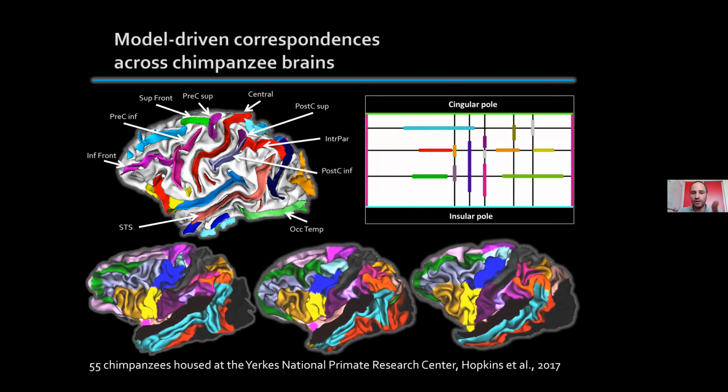And then we align the brain and we define a parcellation and we visualize here the correspondence across brains. I point out here that the number of parcels is different because the number of axes is different. But we have the same correspondences across brains that are driven by similar assumptions regarding the pattern of the folds.